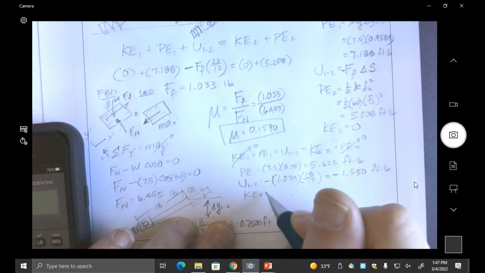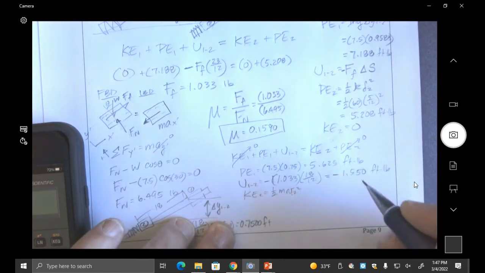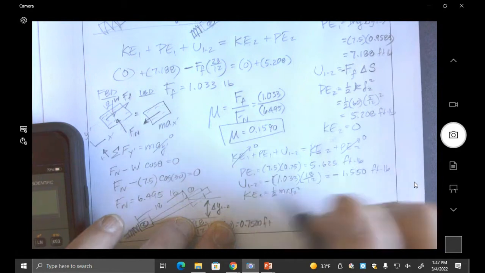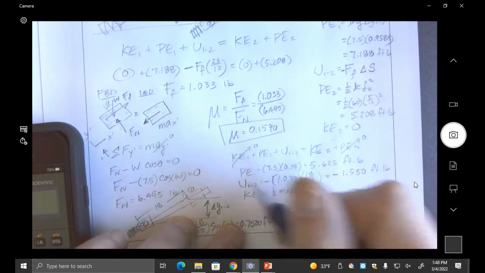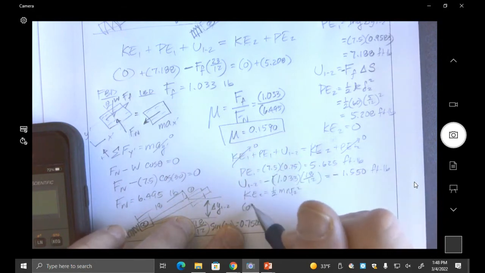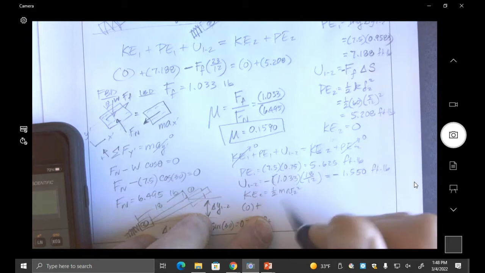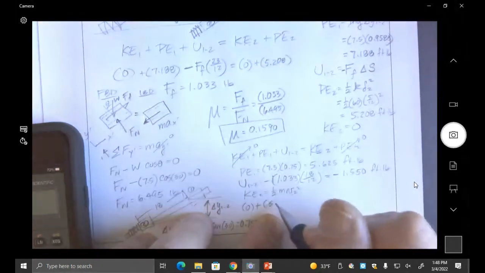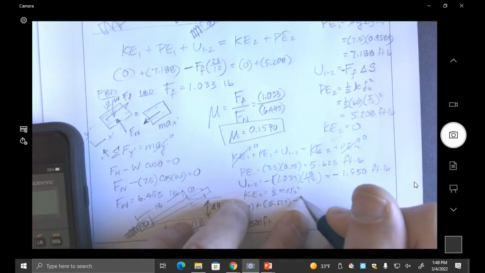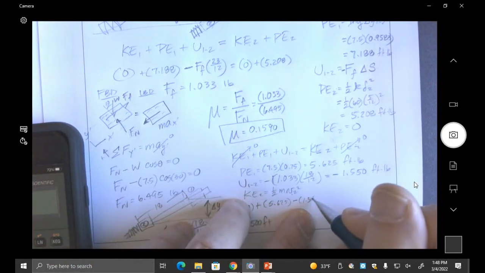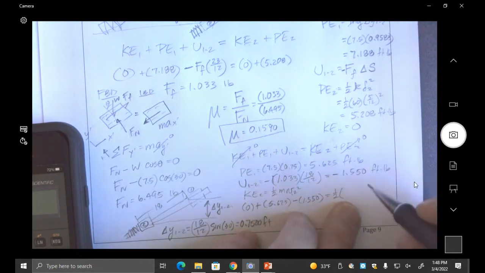My KE2 is what I'm trying to find, 1/2 m v2 squared. And then we already said that the potential is going to be 0. So cramming everything in here, 0 for the potential, plus 5.625 minus 1.550 equals 1/2 mass.